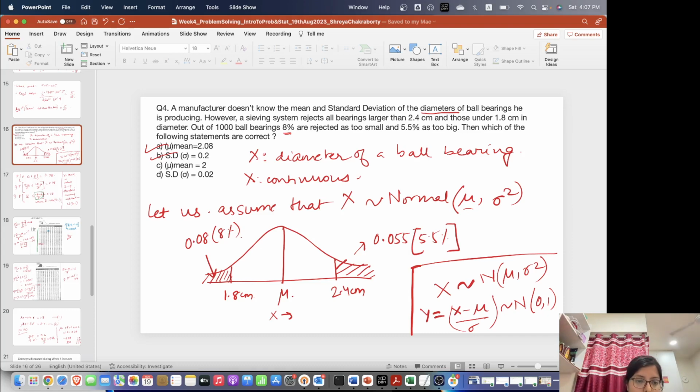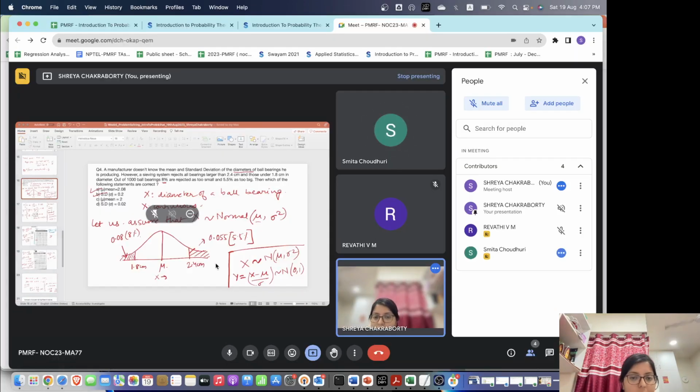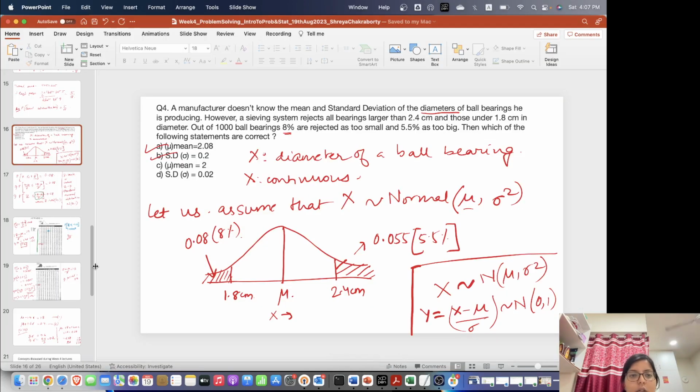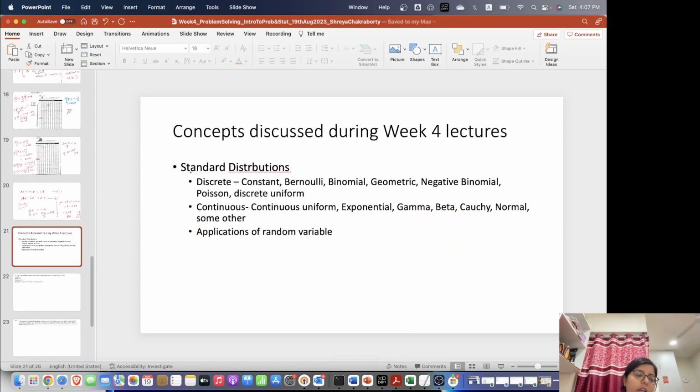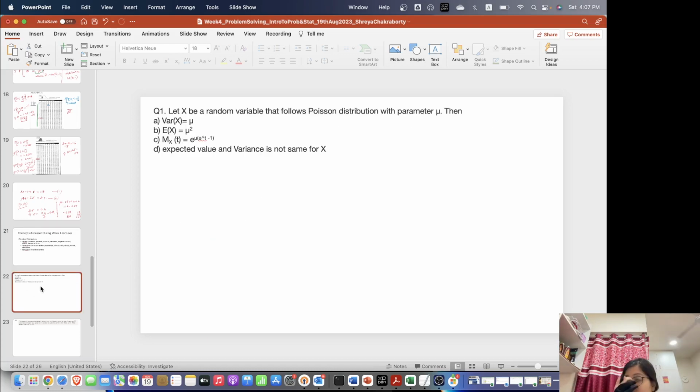All right. Okay. So once this is done, what we discussed in week 4 was some discrete random variables, some continuous random variables, and some applications of a few random variables. So we'll do a few sums on these, and in the next class also we'll continue doing sums on this thing.